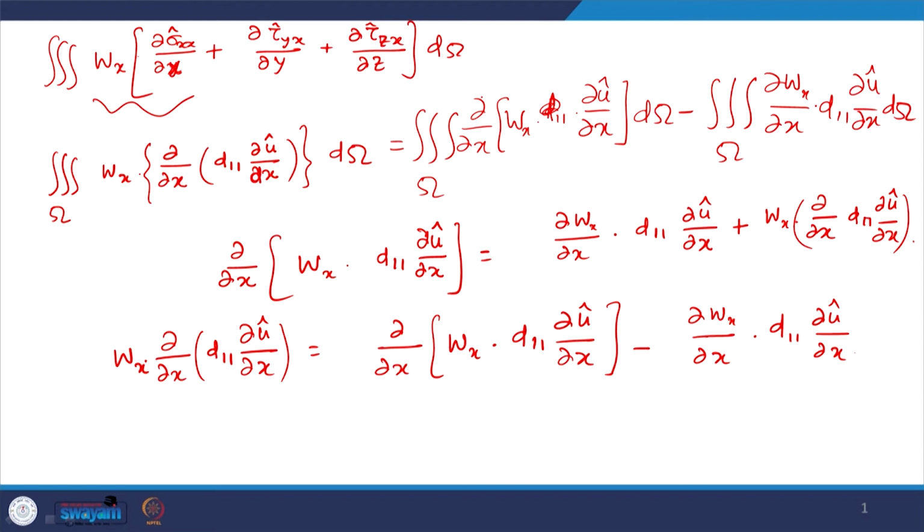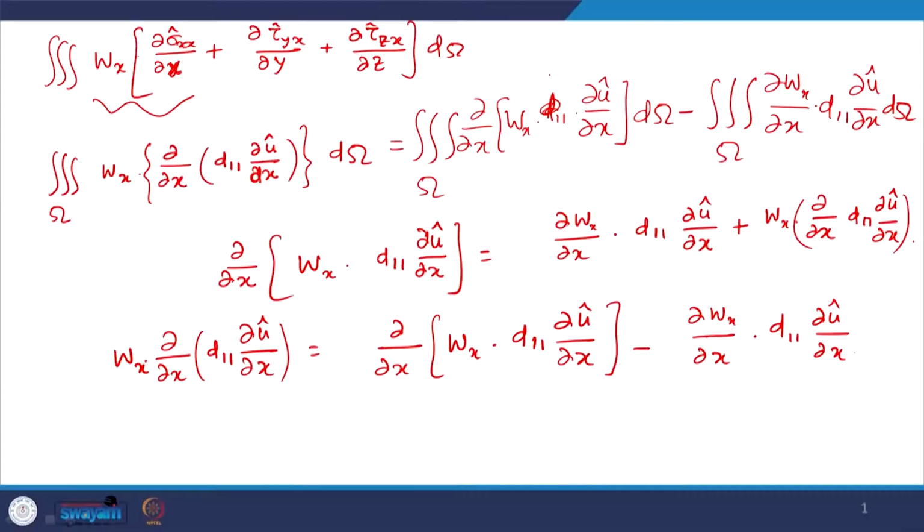Now, this term is a domain integral, and it can be converted into a boundary integral by using the Gauss theorem or divergence theorem in vector calculus. It can be directly translated to a boundary integral: the 3-dimensional domain is enclosed by a 2-dimensional boundary gamma, and it is a derivative with respect to x.